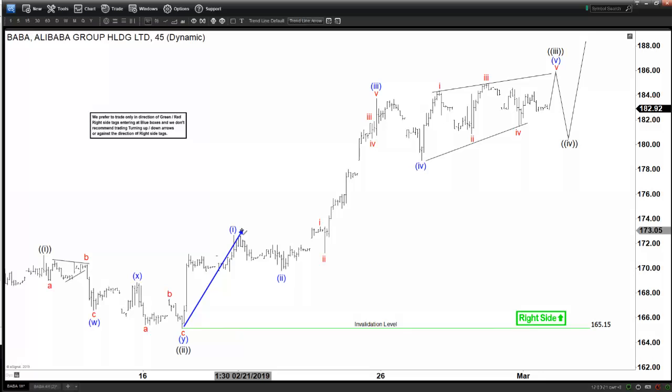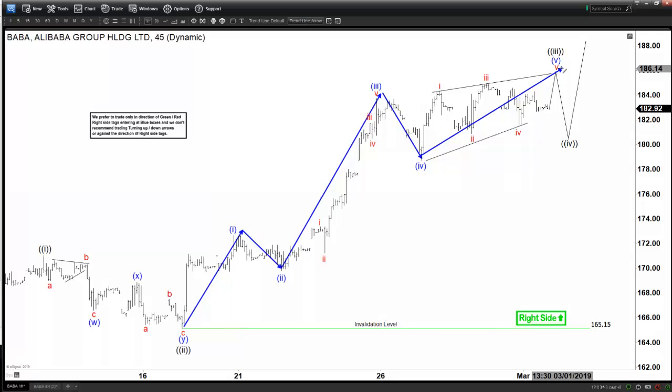You can see the subdivision nicely into 1, 2, extended 3 with another 5 wave subdivision within the wave 3, and you got a wave 4, and now we are in a diagonal wave 5, an ending diagonal, right?